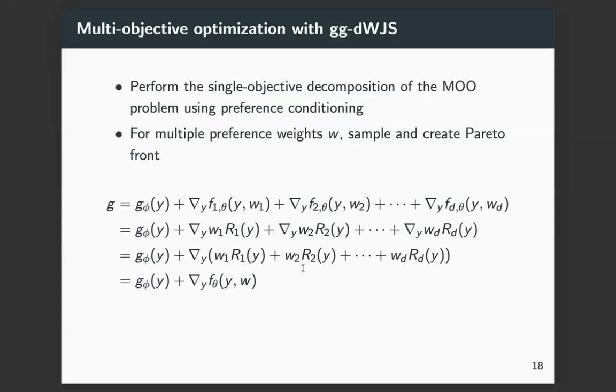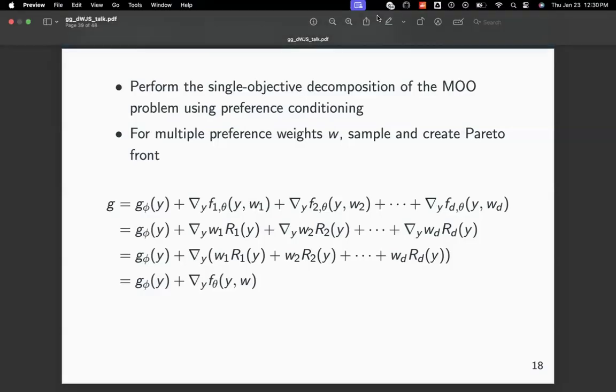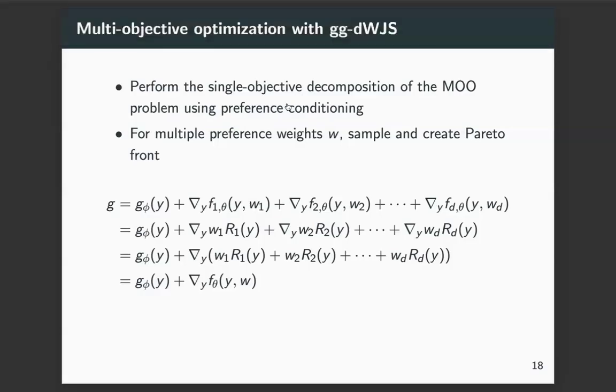Given that, that's our weight, and that is also called the preference. So this is how this works. You can condition on the preference, and using the preference, your model is going to tell you which way to go. That's what we will try to do here. Does that answer the question?